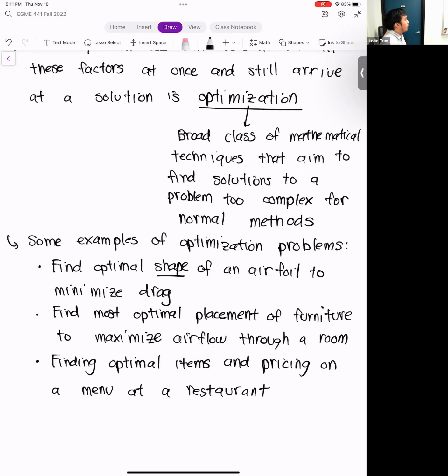And so you want to find out what are the best items to include on your menu and what to price them at in order to maximize sales. And so again, not a straightforward problem that has a simple algebraic equation that'll tell you, you should put pizza on the menu, and you should price it at $10. It's something that's more complex than that. And so this is something that optimization is built to do.